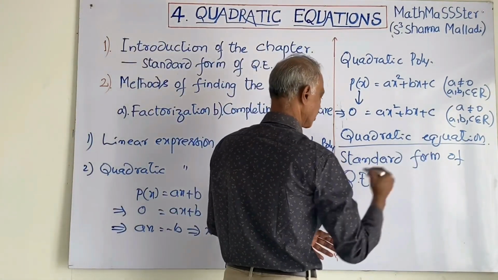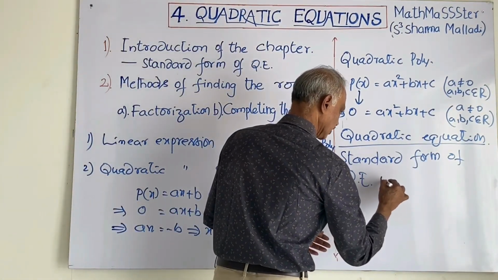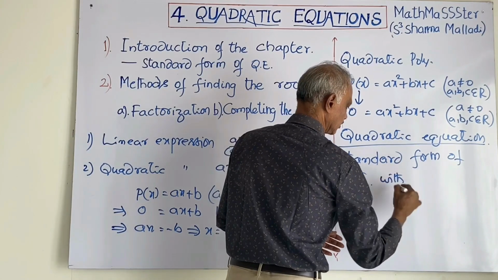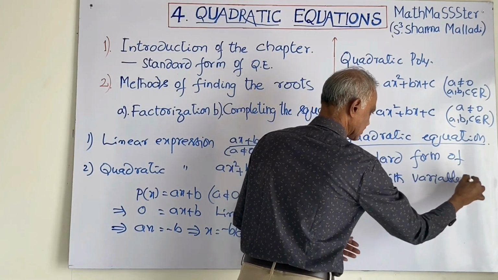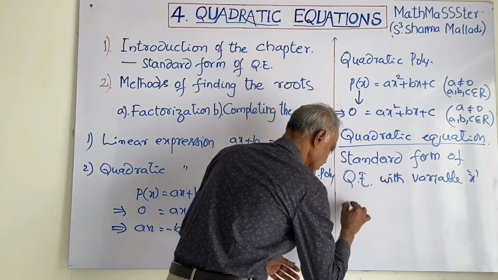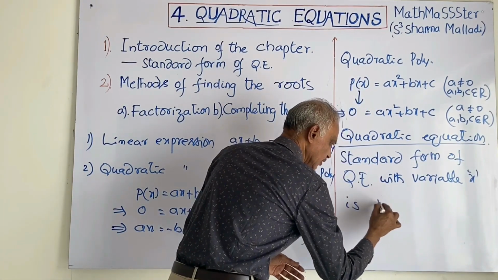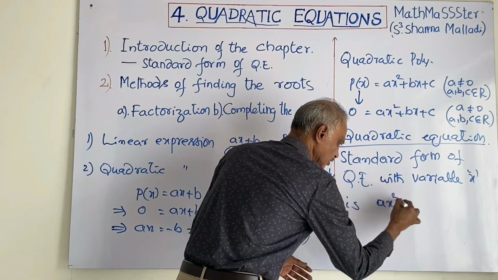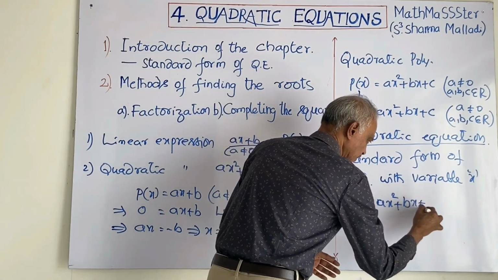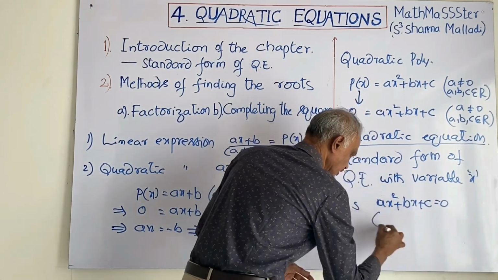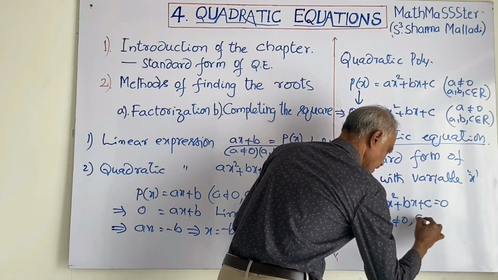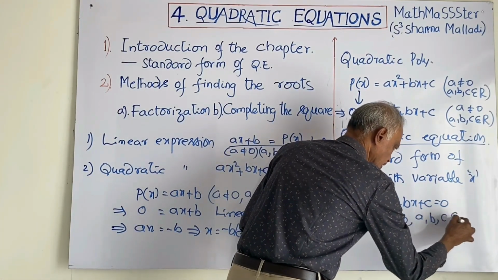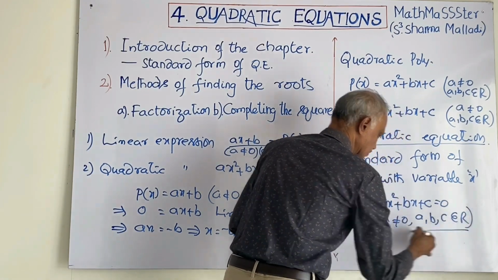Standard form of a quadratic equation with variable x is ax square plus bx plus c is equal to 0, where a is not equal to 0 and a, b, c belong to real numbers.